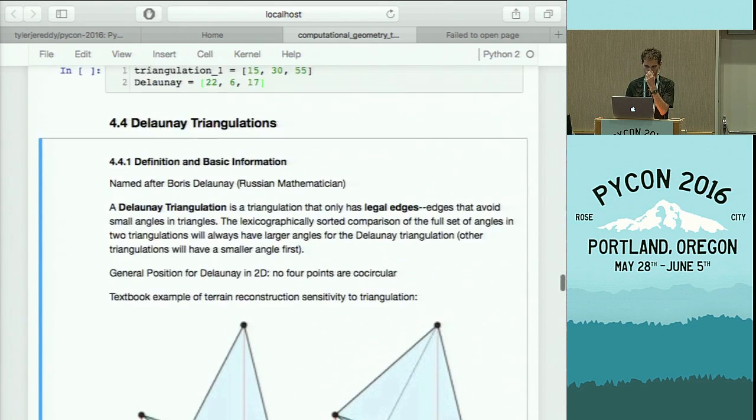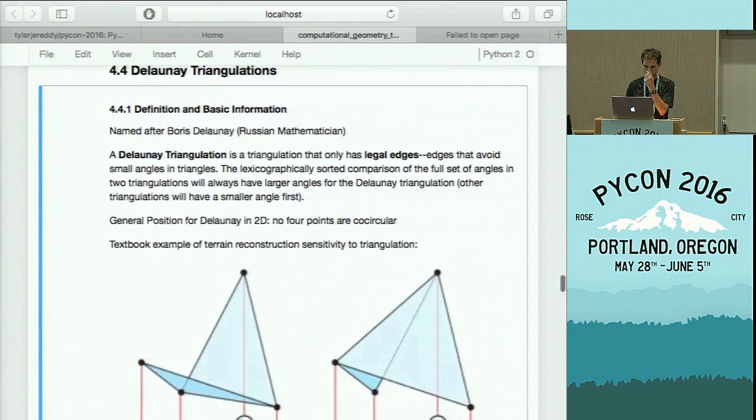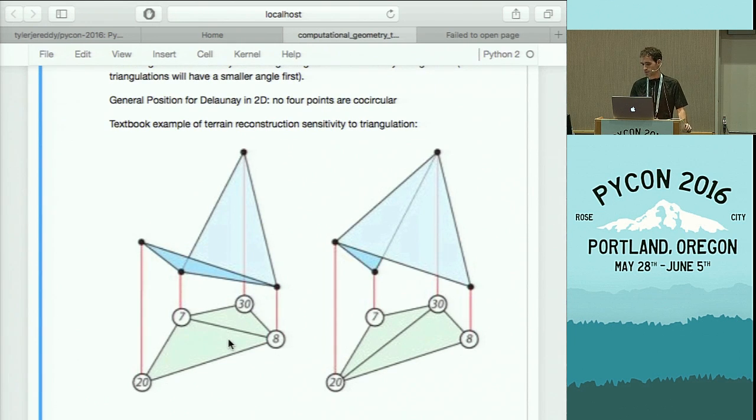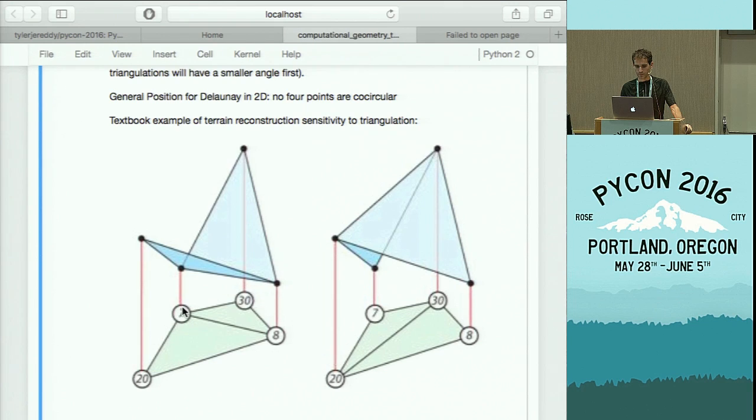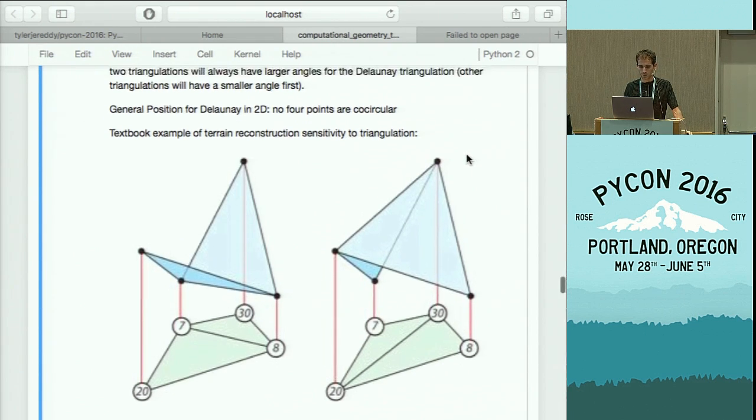And just to see what you would get, if you have these two different triangulations of 4 vertices, this example here would produce a valley if you project it, and this example here produces a mountain. So it's really important from a geographic standpoint that you use the appropriate triangulation to project up to the surface.